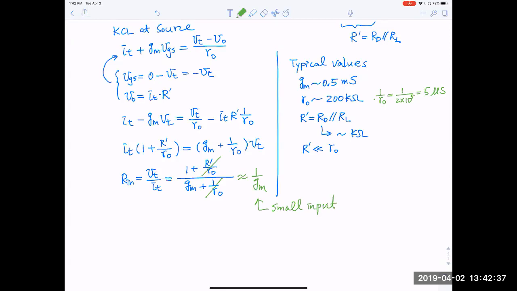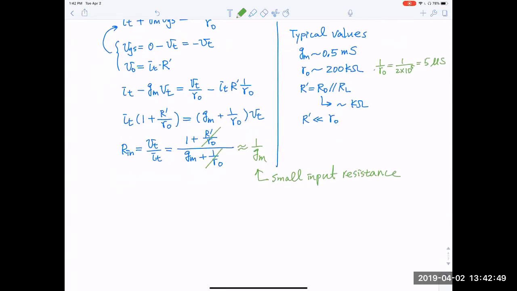So anytime we have current drive, current source, we like to have a small input resistance. Well, this is one of such circuit element. Compare with the common source we just solved earlier, the input resistance is infinity. So this definitely offers much smaller input resistance.